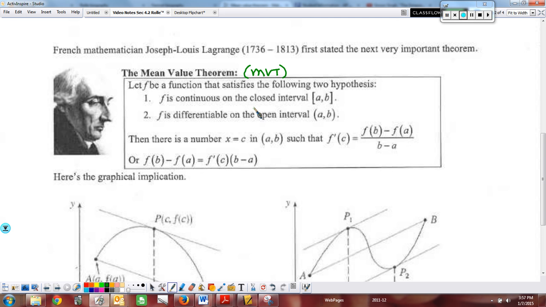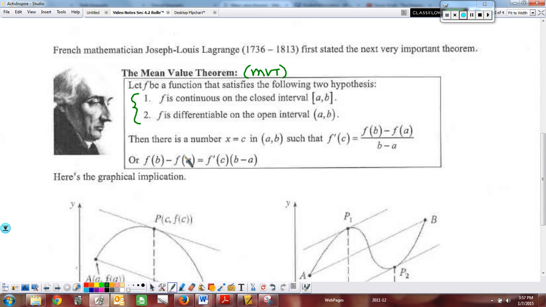First, notice that the first conditions or criteria are exactly the same as Rolle's theorem, that you have to be continuous on the closed interval and differentiable on the open. And then the third condition that Rolle's has is that the endpoints are the same. That's why that's a special case of the MVT. Right?